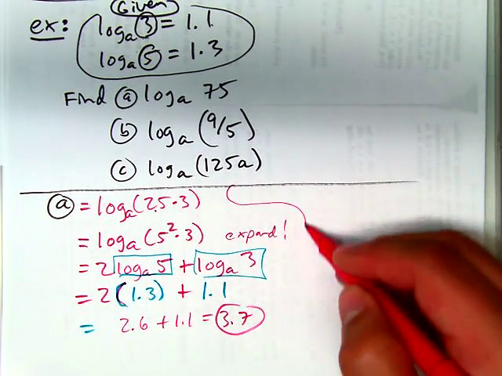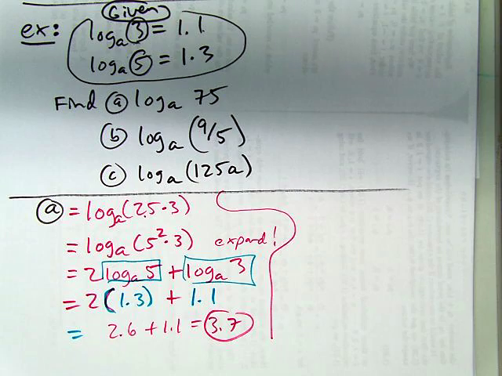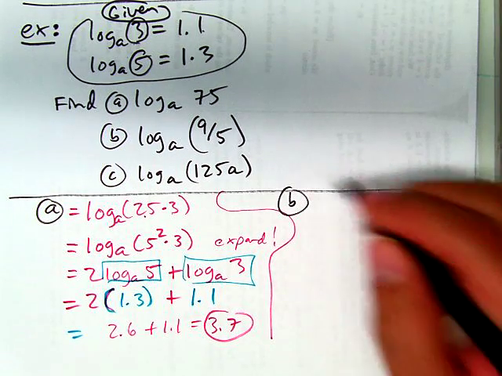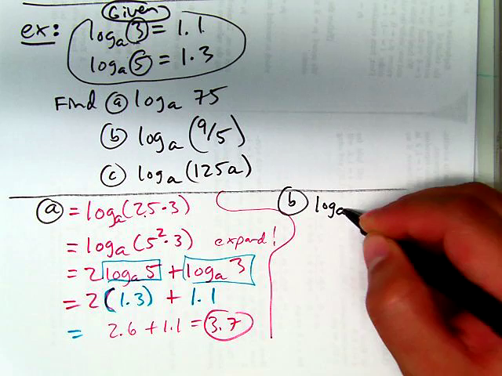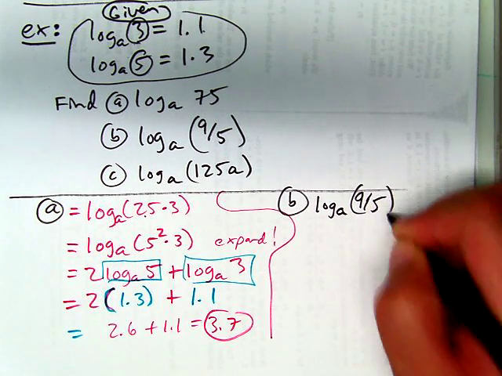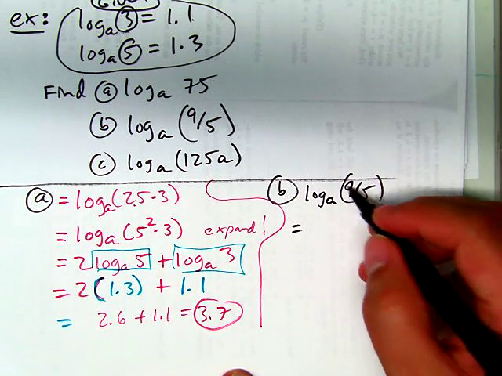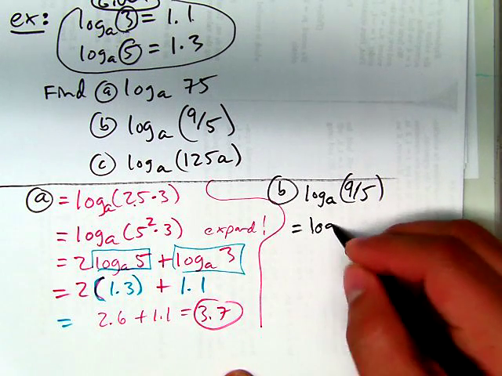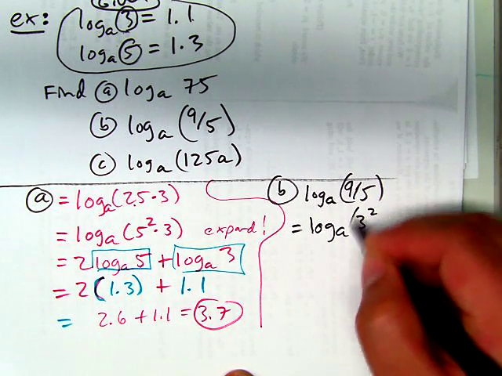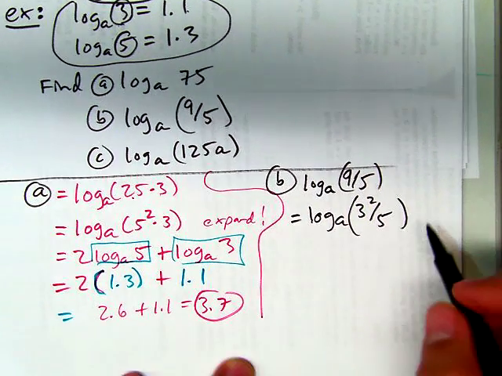So all we're doing here is using those same properties we talked about. All right, let's try B. So for B, if I have log base a of 9/5, 5 is good because I have a 5 up here, but 9 I could write as 3 squared. So this is the same as 3 squared over 5.